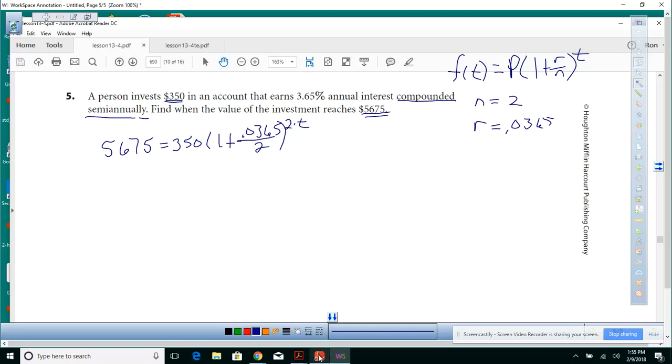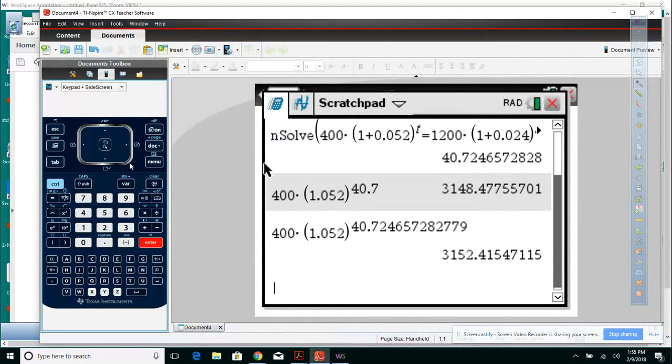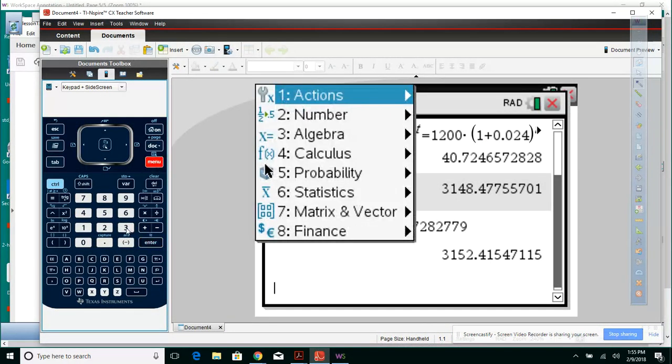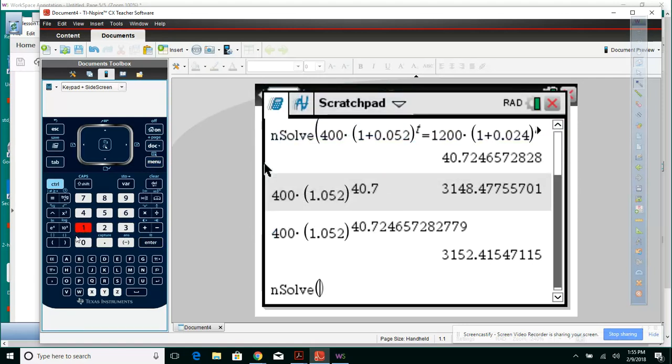You can graph it or you can do menu 3-1, and I'll just do menu 3-1.